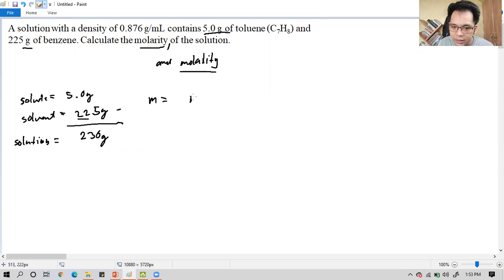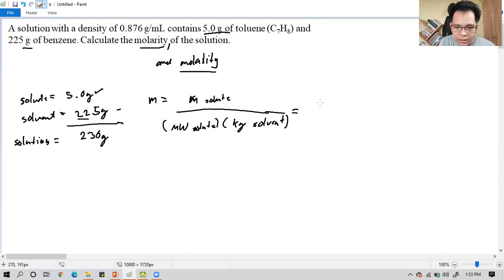Molality is just mass of solute, let me just write M solute, all over molecular weight of solute times the kilogram of solvent. Now here, the mass of solute, what is that? That is 5.0 grams. And then for the toluene, what is the molecular weight of our toluene?